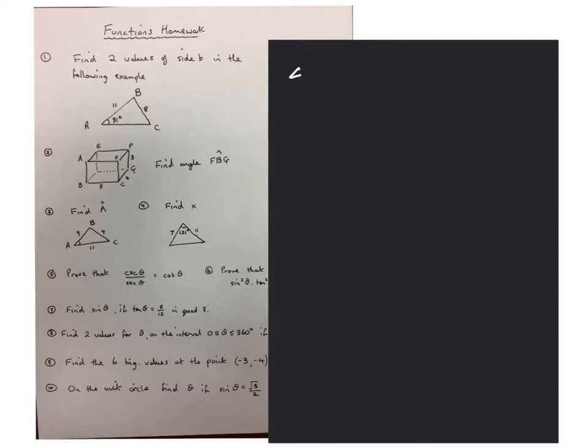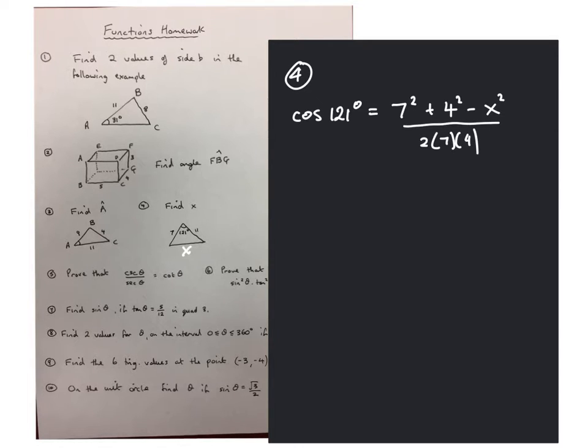Question 4, find x. Well, we haven't got x in the diagram, but we'll put x there. So we know that cos 121 equals adjacent squared plus adjacent squared minus the opposite squared over 2 times 7 times 4.